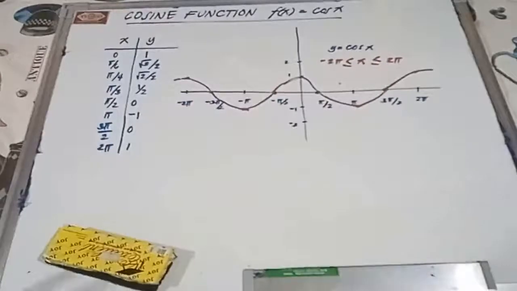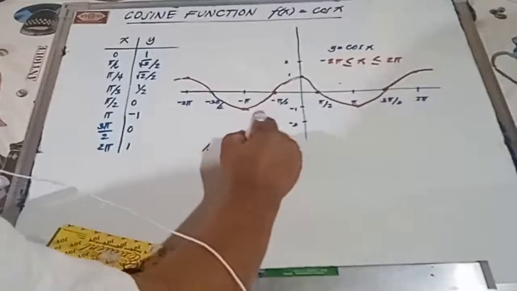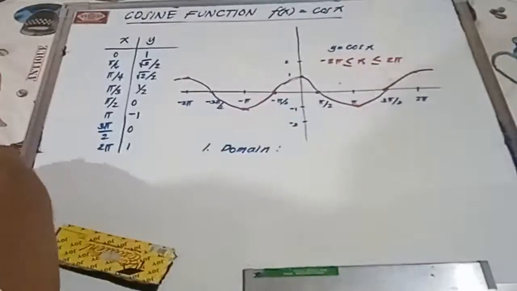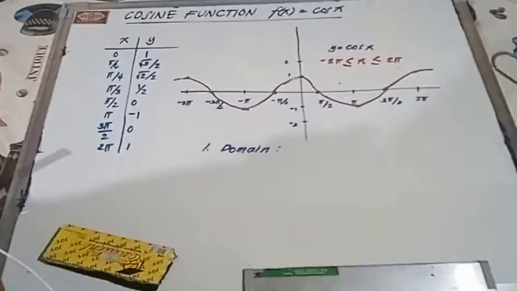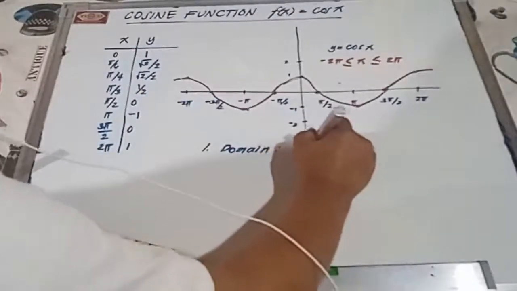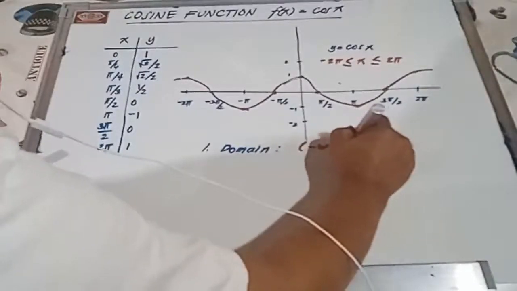Now, papansin natin yung domain muna niya. Ang domain niya, the entire x-axis. So, ibig sabihin, ang domain niya is from negative infinity to positive infinity.